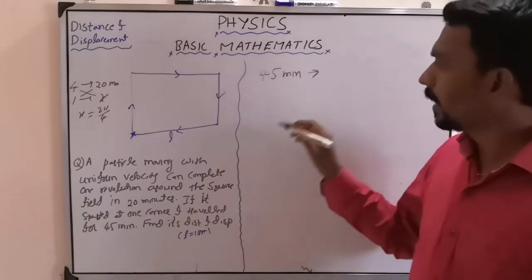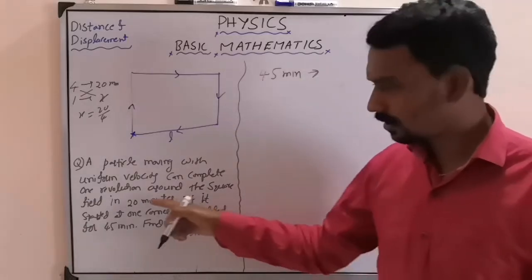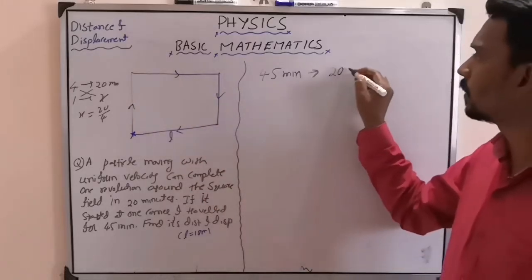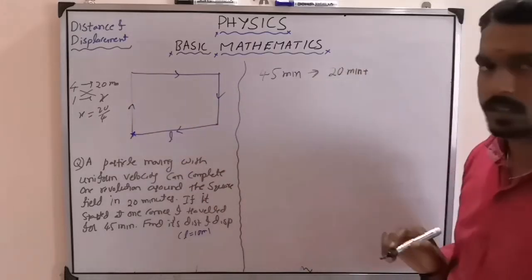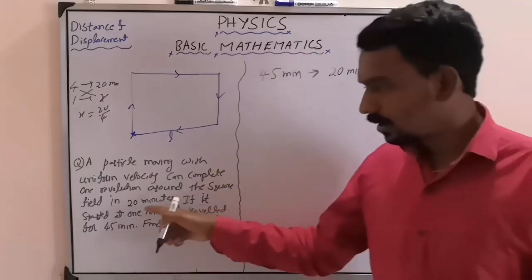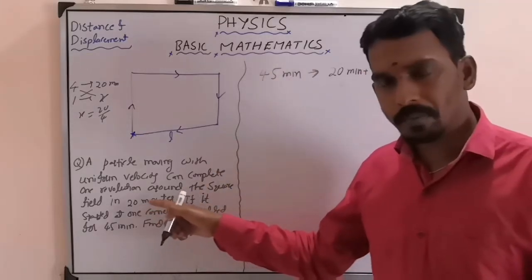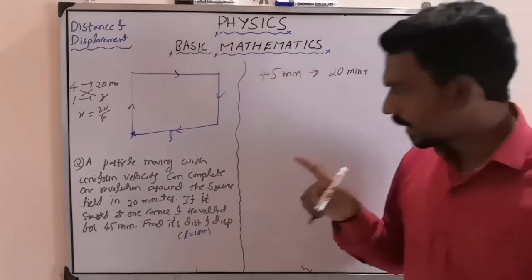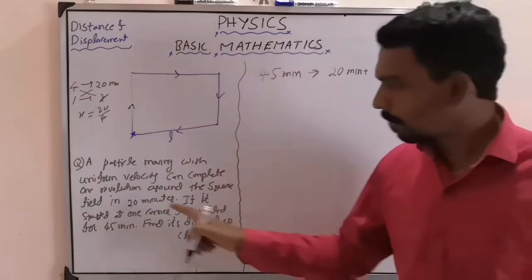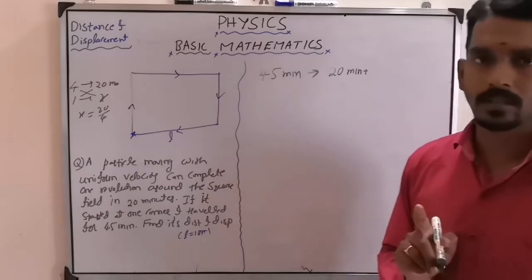In the first 20 minutes he will complete one round. You have to divide the given time in terms of the time taken to complete one round. The given time is 45 minutes. The time taken to complete one round is 20 minutes.